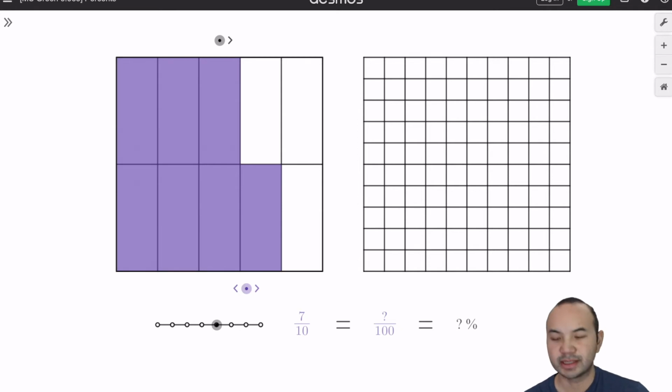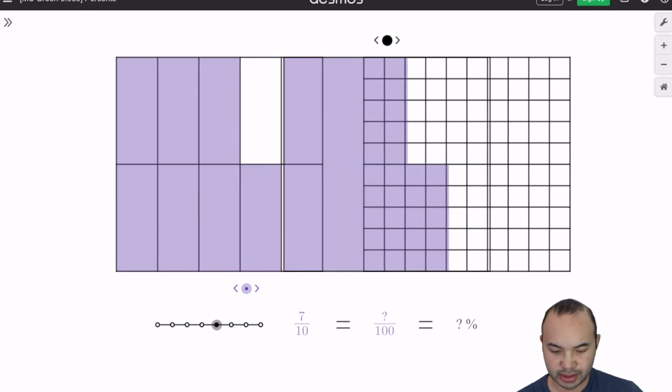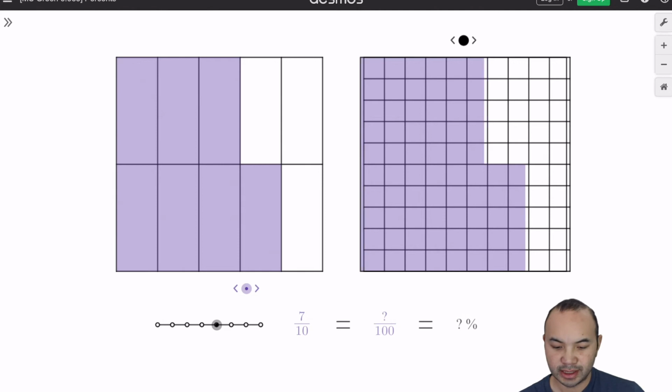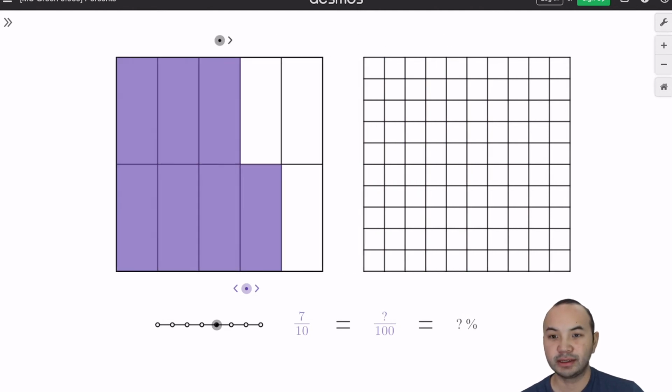On the bottom it says 7/10 is shaded. So how can I change that to percent? Well, if I move this over, the same things are shaded, and on the right side that's split up into 100, so I can actually count. If I count all the boxes there, I get 70 out of 100. So it's a visual representation that yes, it's still 7 out of 10 here, but 7 out of 10 is the same as 70 out of 100.